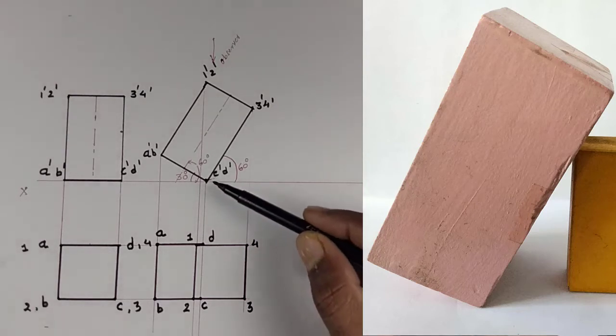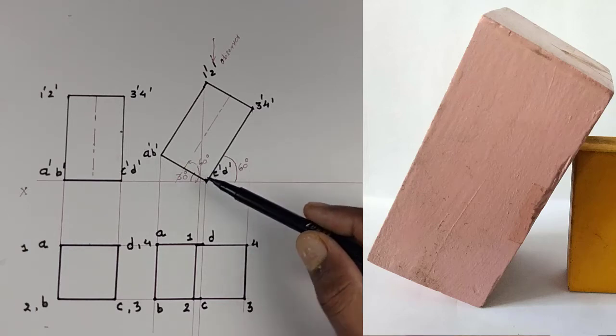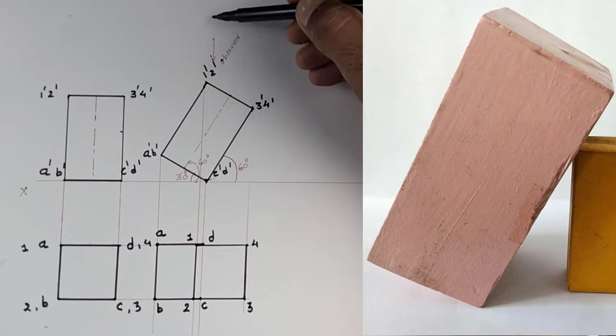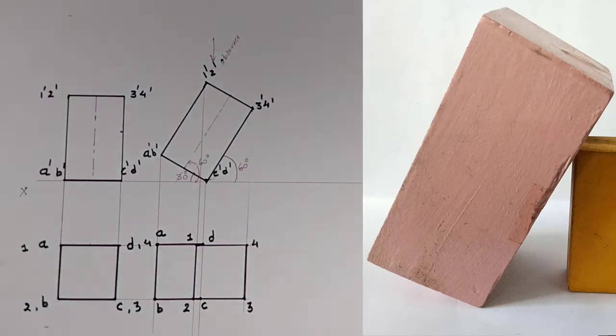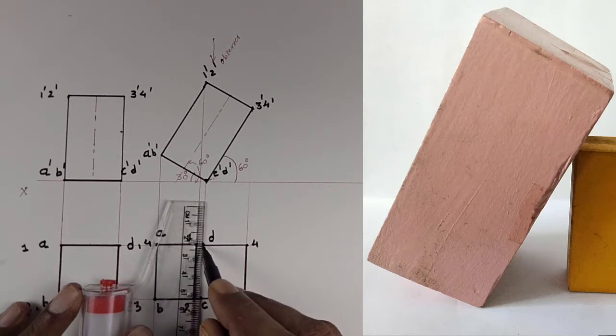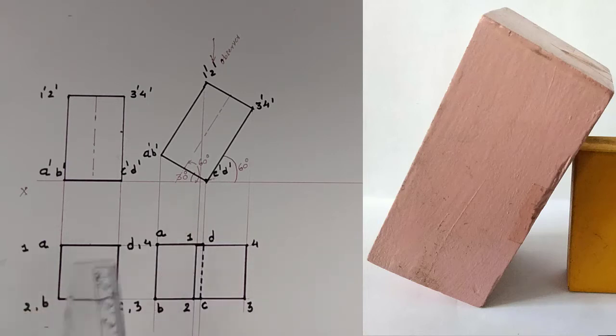But the C dash D dash edge, which is on HP, is not visible from top view, so we can show it as a dotted line. I join D and C with a dotted line.